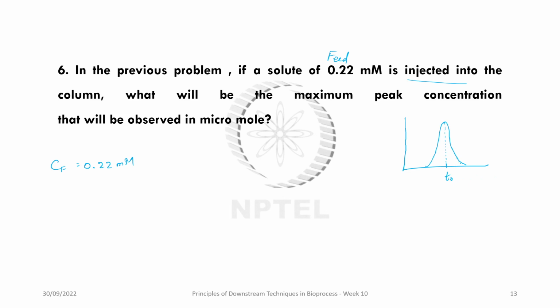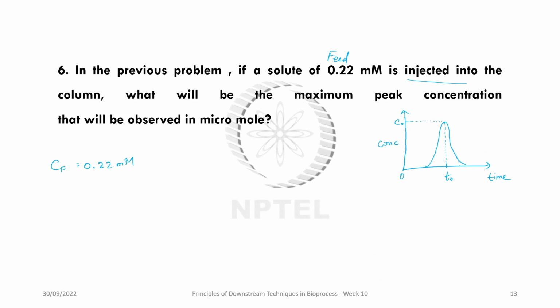Any other point you could just call T at that particular point, correct? And the concentration corresponding to this T naught is C naught. So we have concentration on the y-axis and elution time on the x-axis. This is the C naught and T naught in an elution profile.